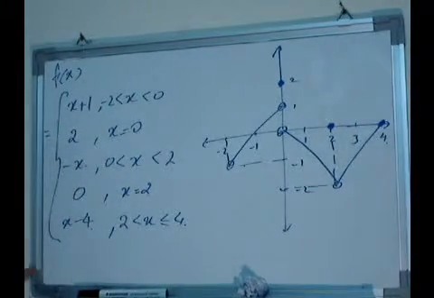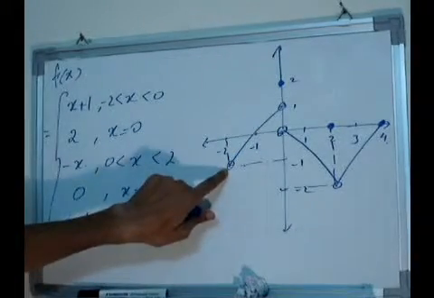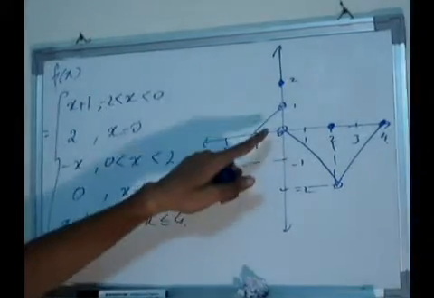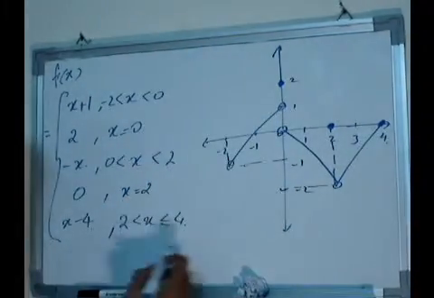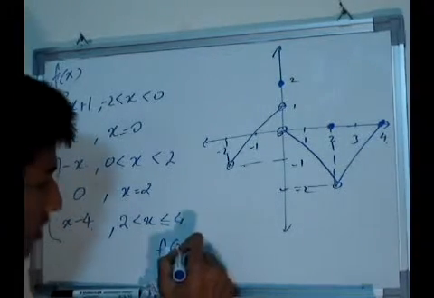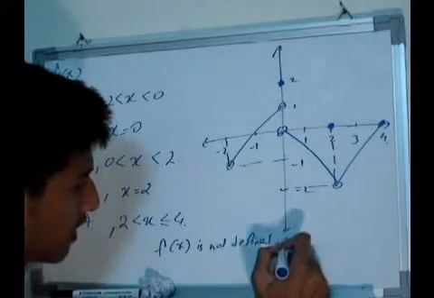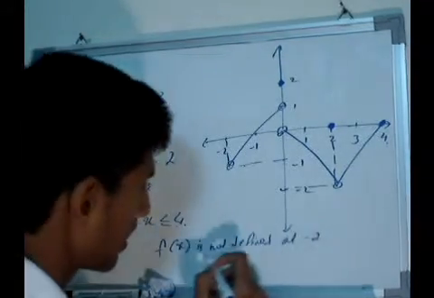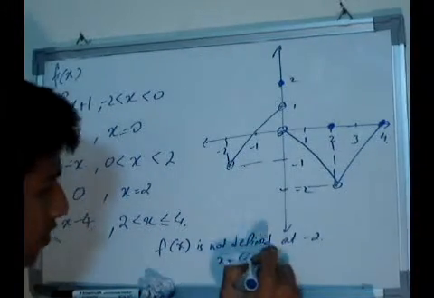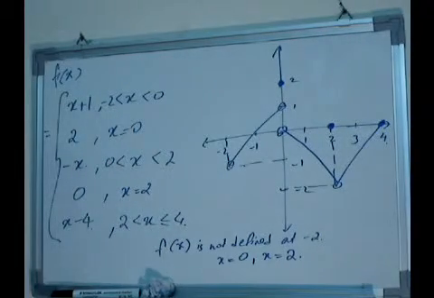As you can see, it is evident from the graph that the function is not defined at the point -2 and is discontinuous at the points 0 and 2. That is, f of x is not defined at -2, and at x equal to 0 and at x equal to 2 there are points of discontinuity.